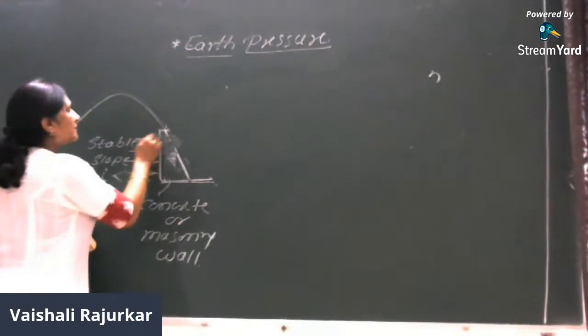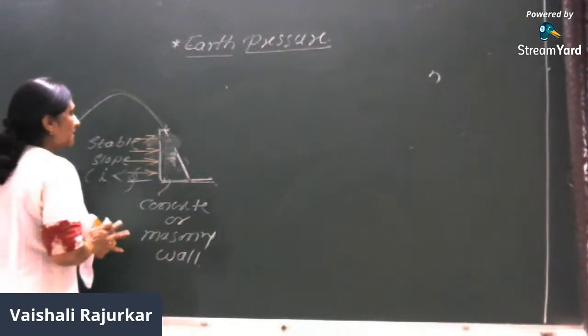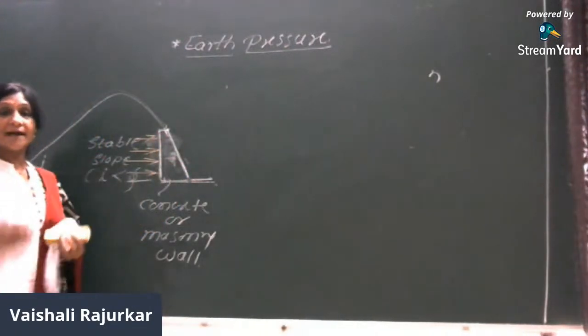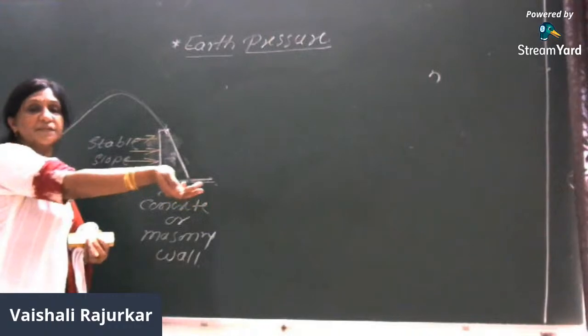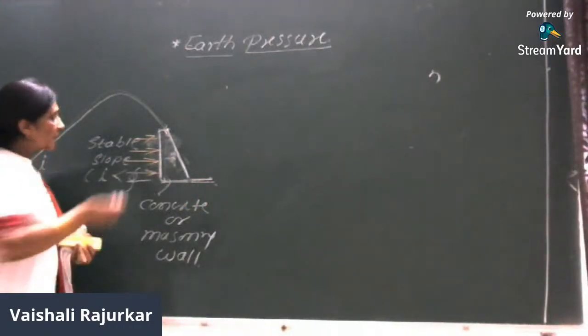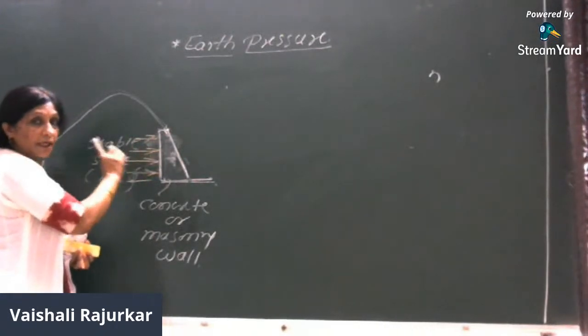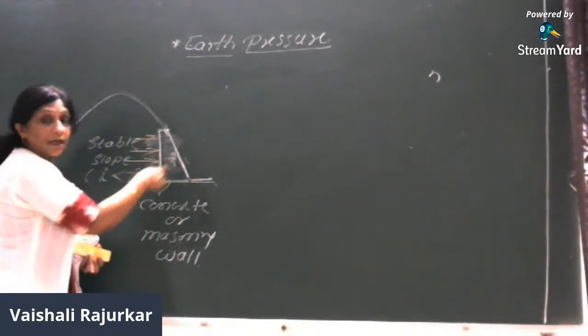this unsupported soil mass. This unsupported soil mass has a tendency to give its pressure to the adjacent support. So the unsupported soil mass will exert lateral pressure on the retaining wall.